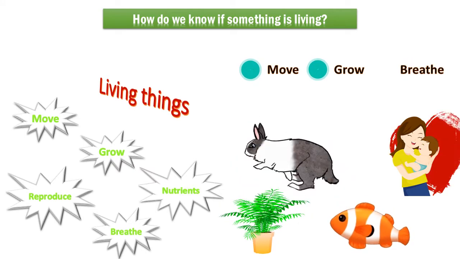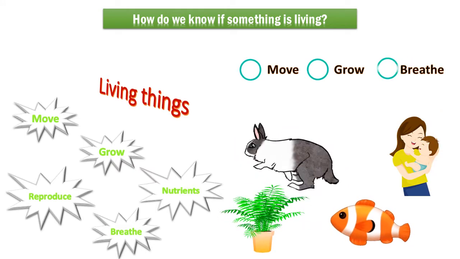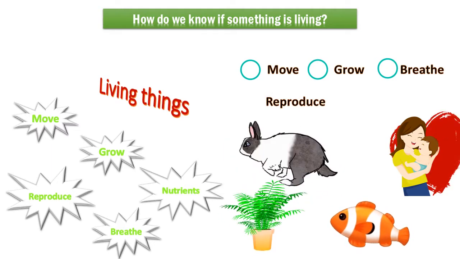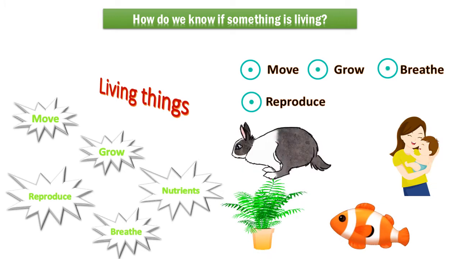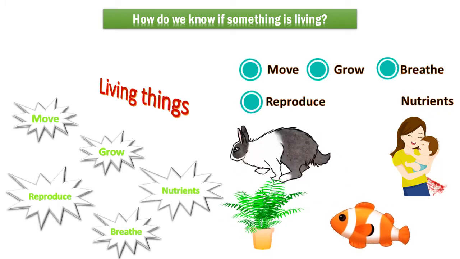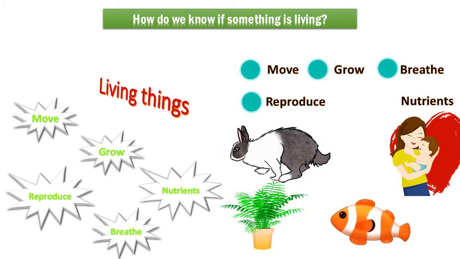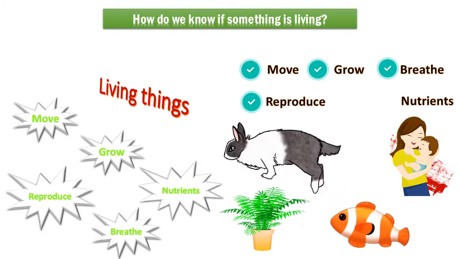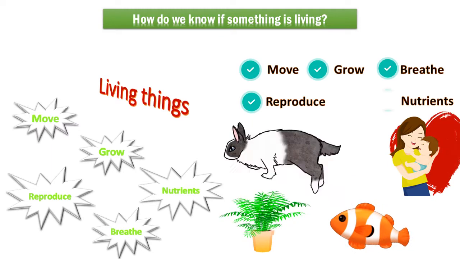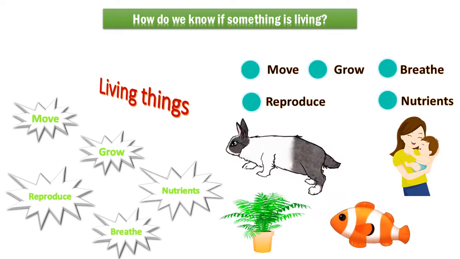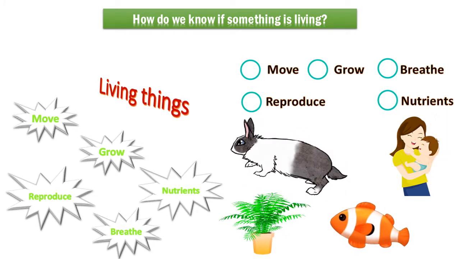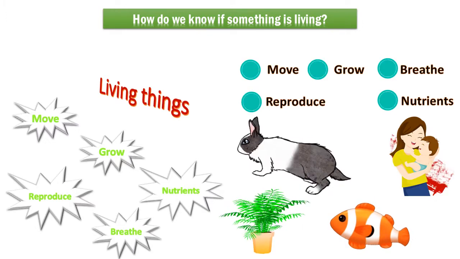Do they breathe? Do they reproduce? And do they need nutrients or food? Did you think about it? Do you have answers? Very good. Yes, they do. The rabbit, the mother and the child, the plant and the fish are living things. Well done.